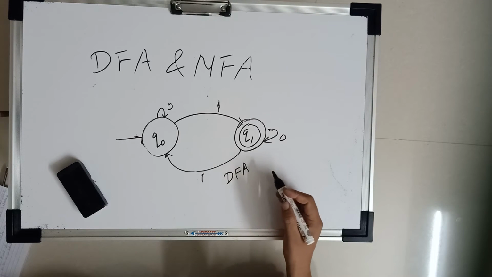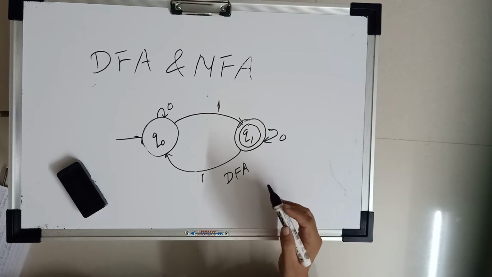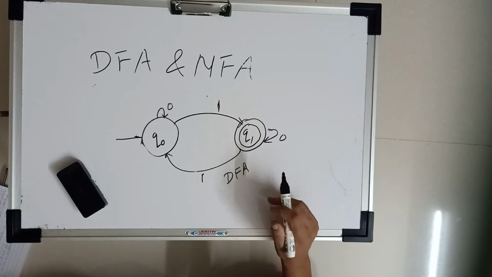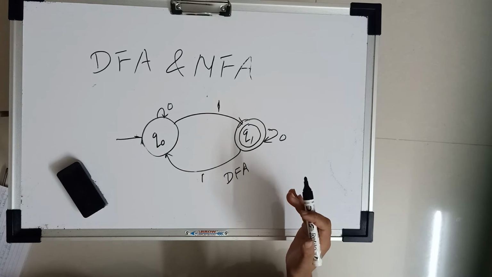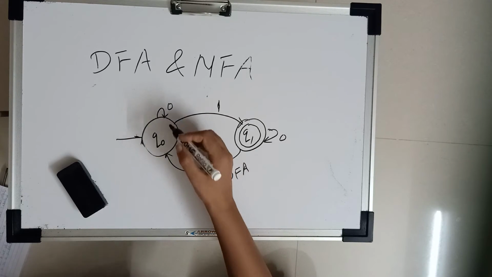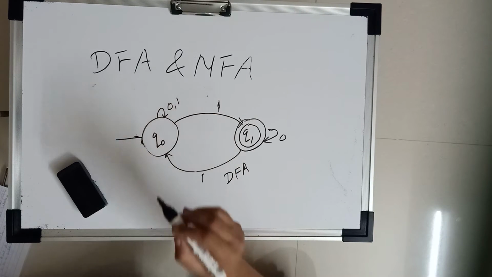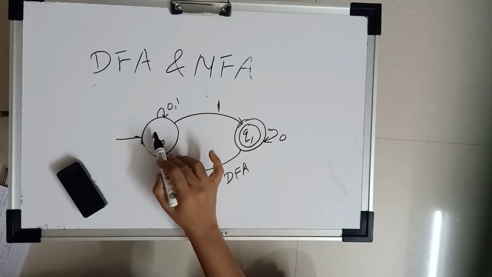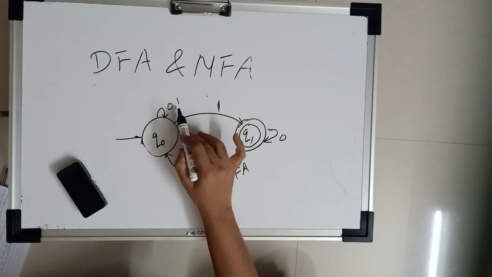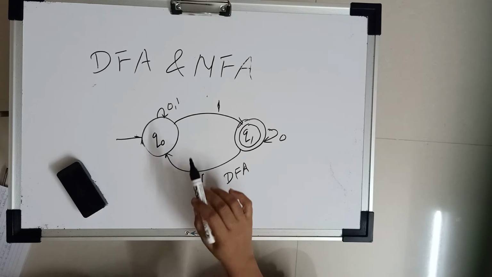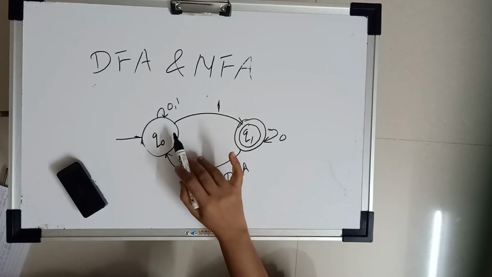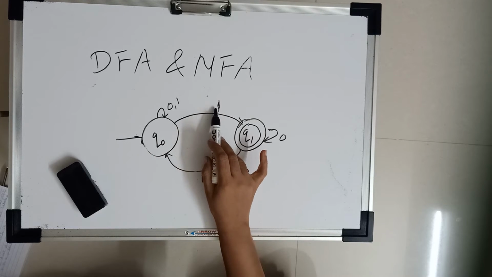Non-deterministic means that if we get a transition where for the same input symbol there is more than one next state, then that finite automata is NFA. Suppose we add 1 over here. It means Q0 goes to the same state for 0 and also for 1. So from Q0 there are two next states for input symbol 1.